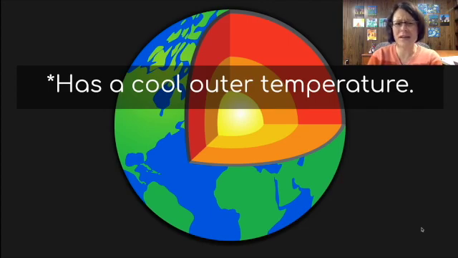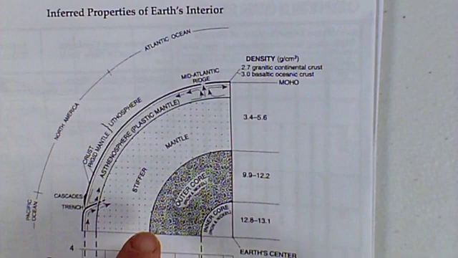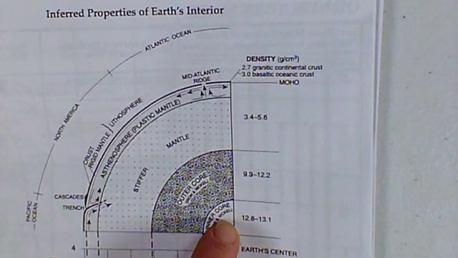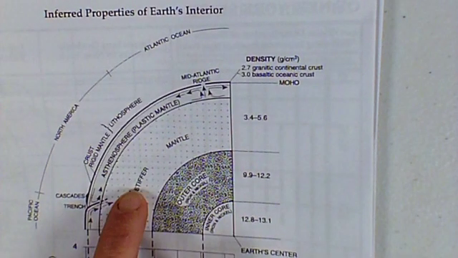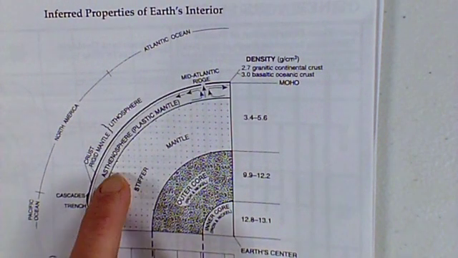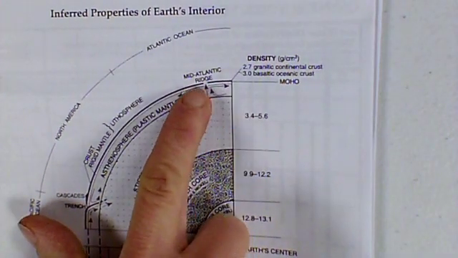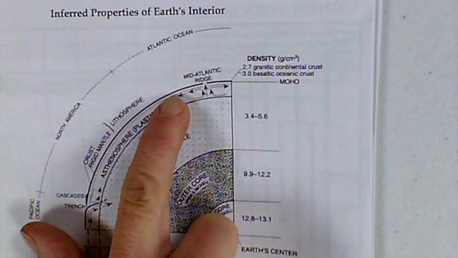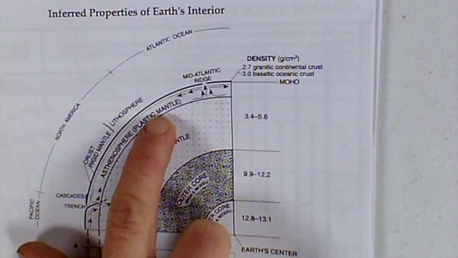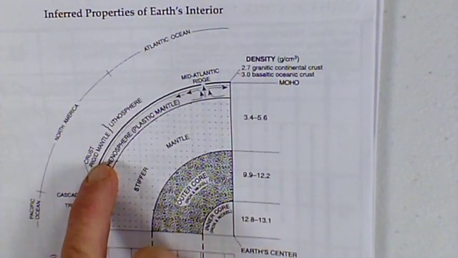Let's take a look at our reference tables for a minute. Okay, so we're back to our reference tables. We've talked about the inner core, the outer core, the stiffer mantle, the asthenosphere, and the Moho, which is the boundary between the mantle and the crust.